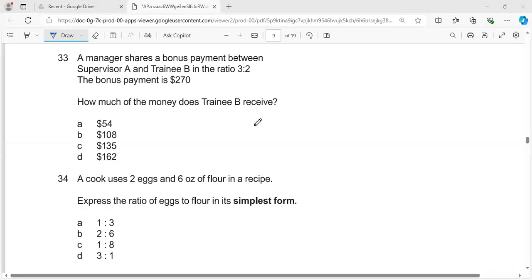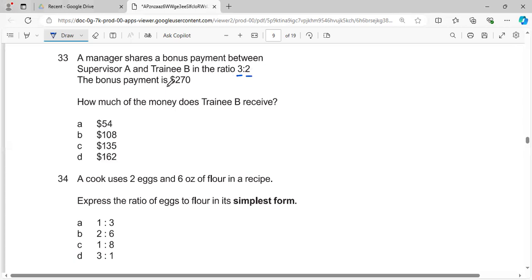It says a manager shares a bonus payment between supervisor A and trainee B in the ratio 3 to 2. The bonus payment is $270. That means they share $270 between the two persons. However, the ratio is different. Now the supervisor is going to get a bigger share, which is 3 shares, while trainee B is going to get 2 shares.